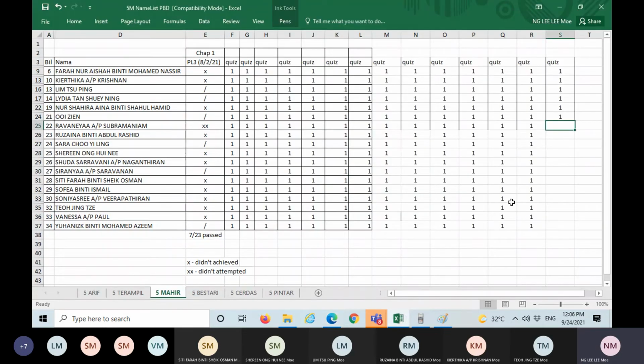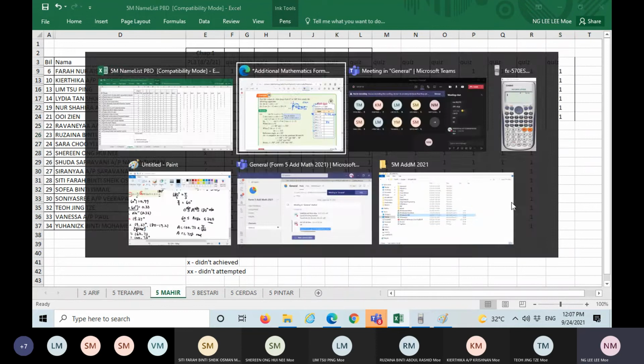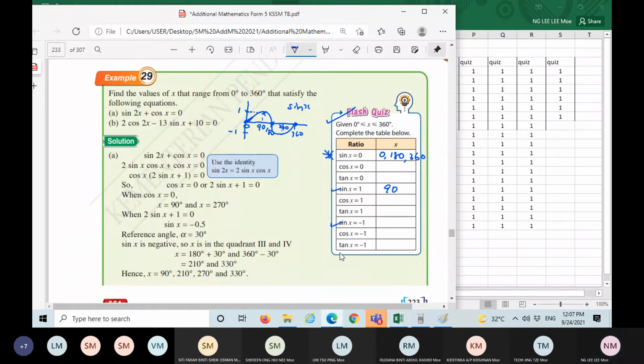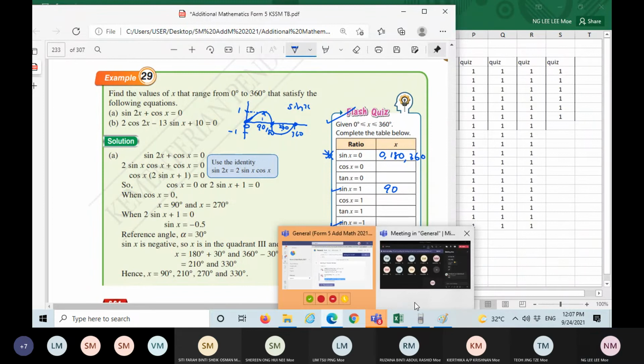Okay, next girl. Rosanna. Sine x equal to -1. What is x?